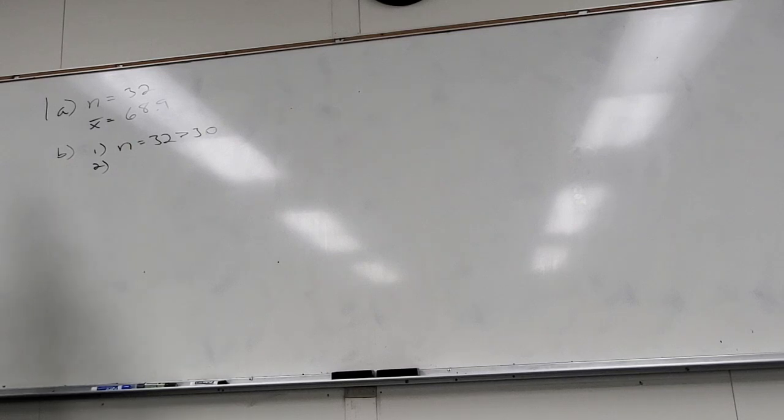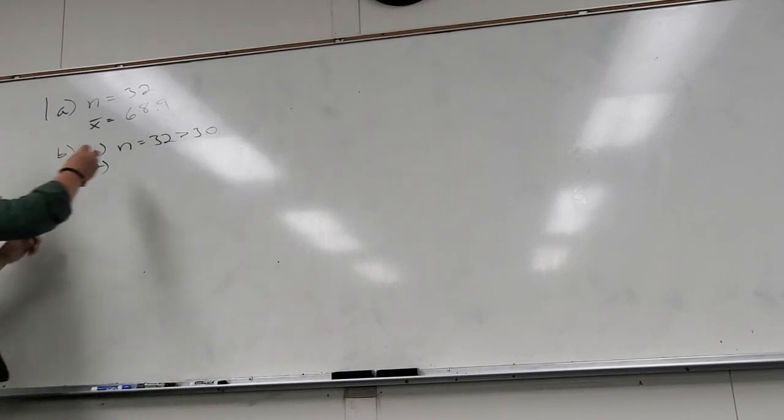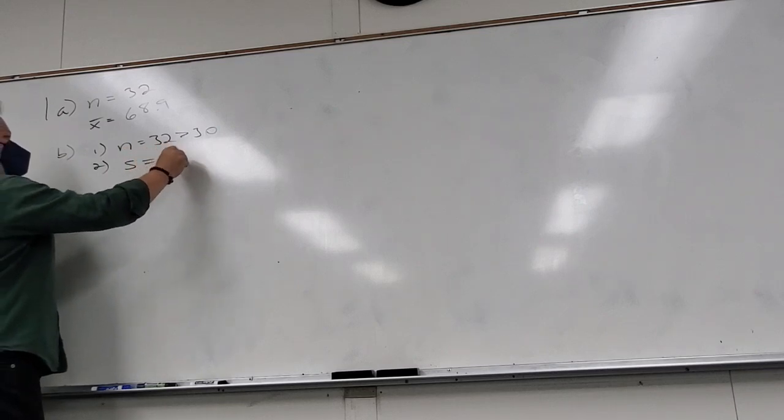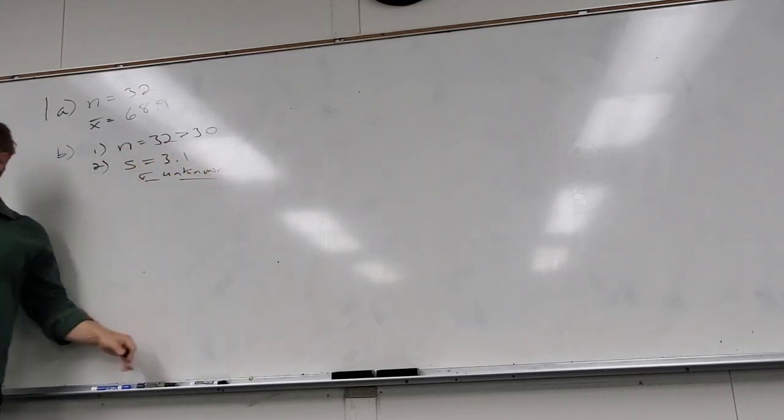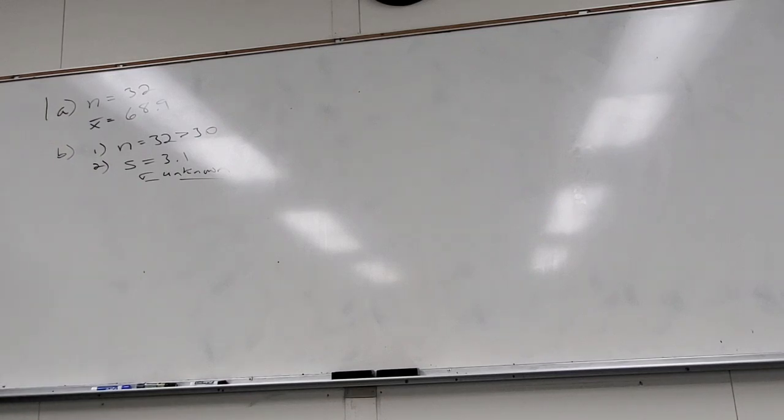The standard deviation. So which standard deviation do we know? Where did the standard deviation come from that we know? From a sample. S is 3.1, sigma unknown. T-scores were invented to cover our ass for when we don't know the actual population standard deviation.